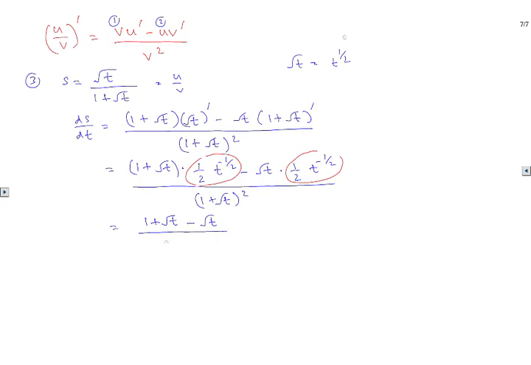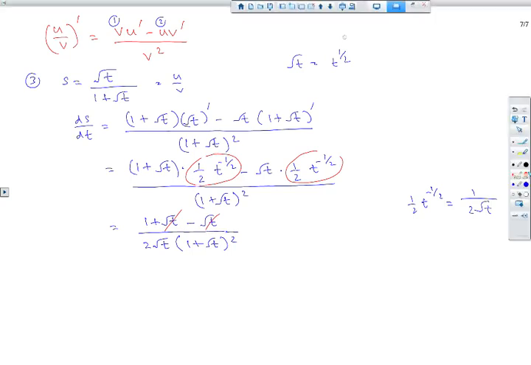So you're going to get 2 square root t times 1 plus square root t squared. Is that clear? Because 1/2 t to the negative 1/2 means 1 over 2 square root t. Now you can see in the top, this and that get cancelled, so you only get 1.